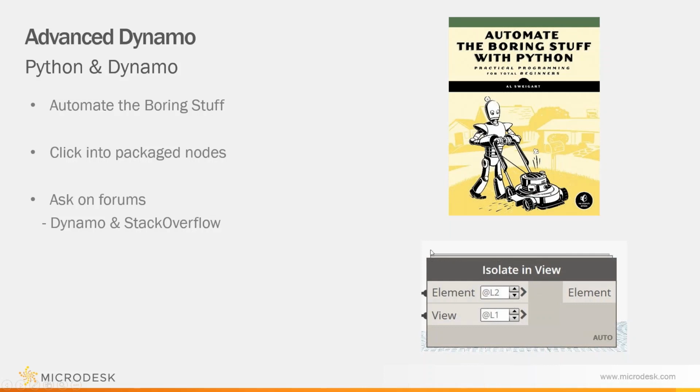If they have this layered look, then you can click into them, and you'll see there's almost always a Python node that you can look at and see how they're writing their code. This isn't thousands of lines of code. Most of the time it's maybe 50 lines at the most.